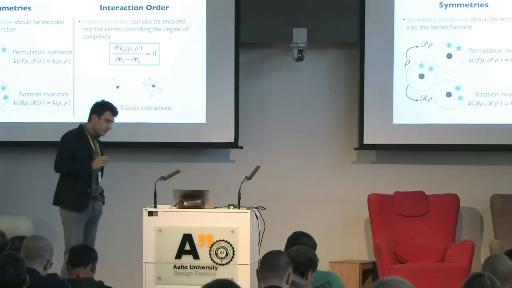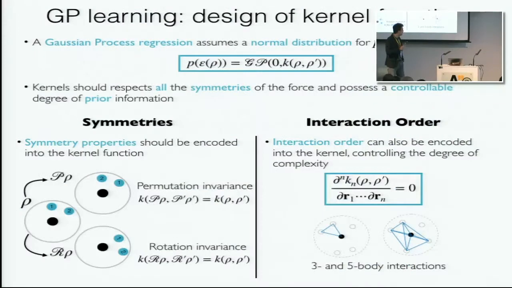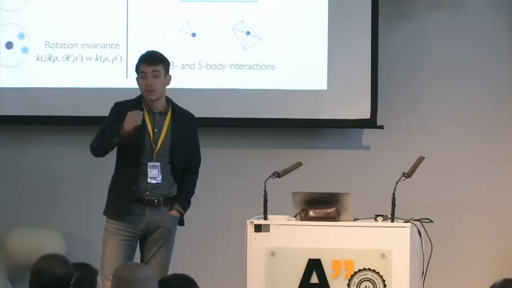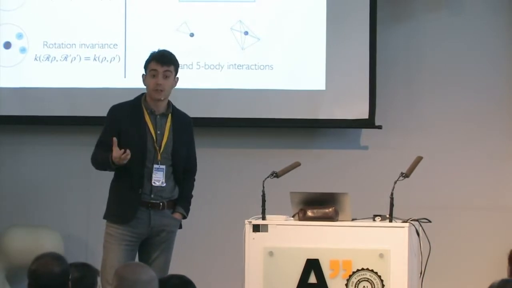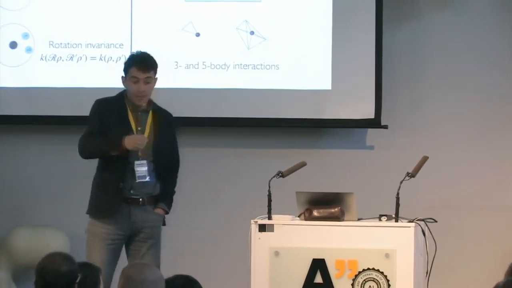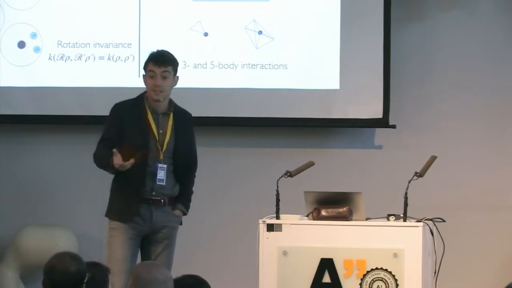But another aspect of the kernel which is often not analyzed is its complexity, its interaction order. This is a concept that goes back to classical potentials. If you think of a Lennard-Jones again, it's a two-body potential because the energy is divided into atomic pair energies, and the energy of a pair only depends on the distance between two atoms.